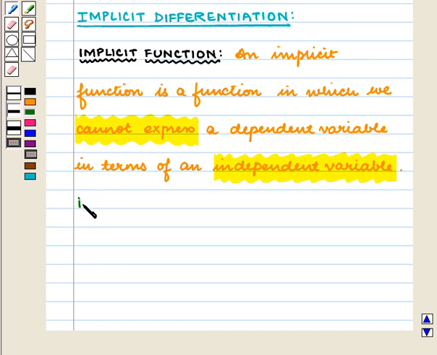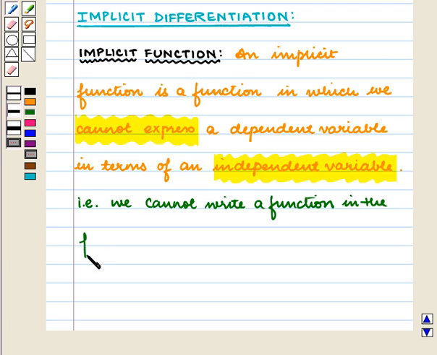That is, we cannot write a function in the form y is equal to f(x).